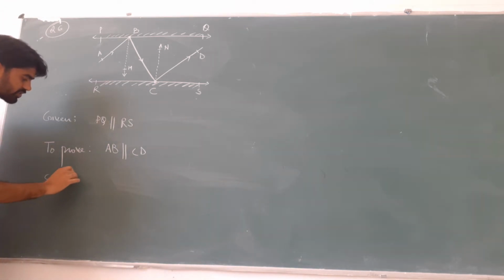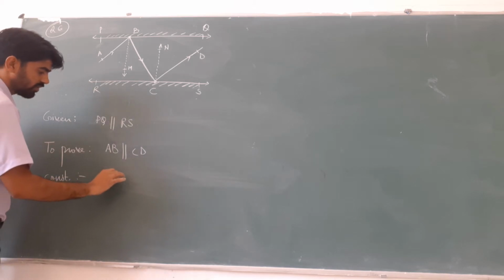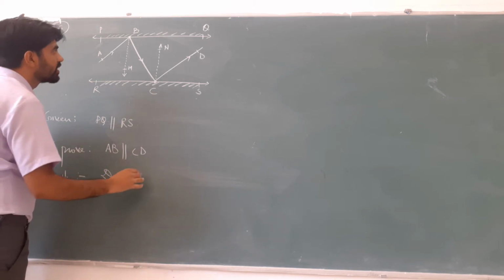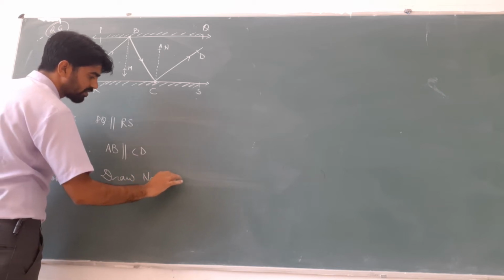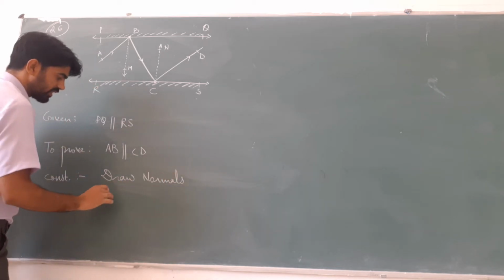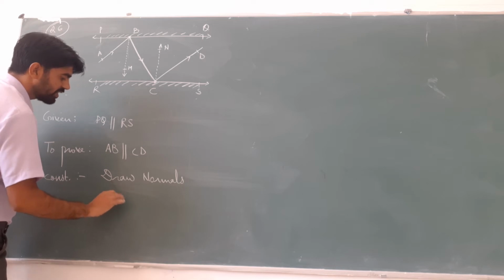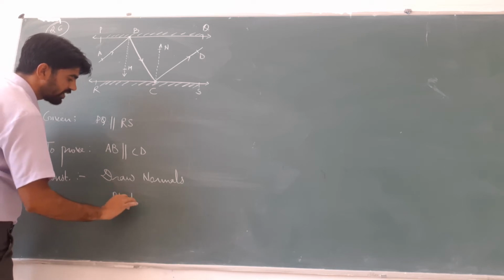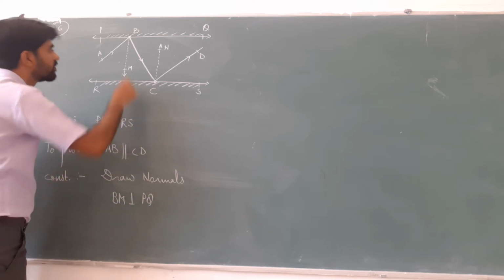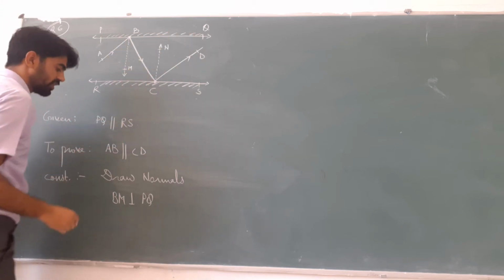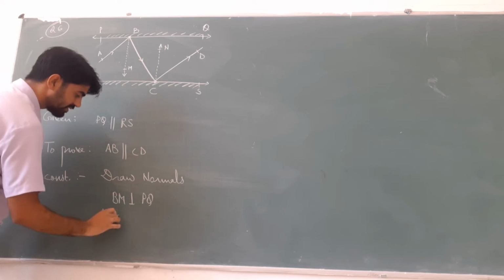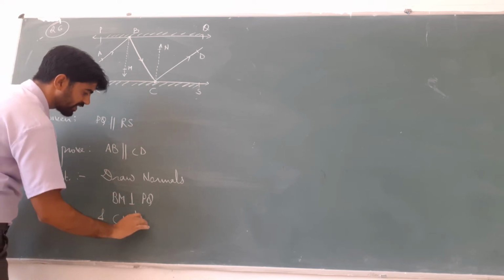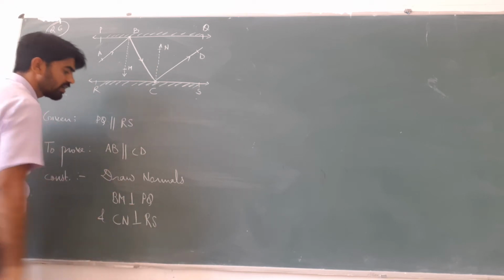Draw BM normal, that is BM perpendicular to PQ, BM which is perpendicular on PQ, and CN it is perpendicular on RS.